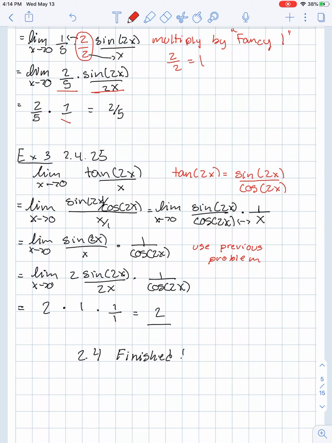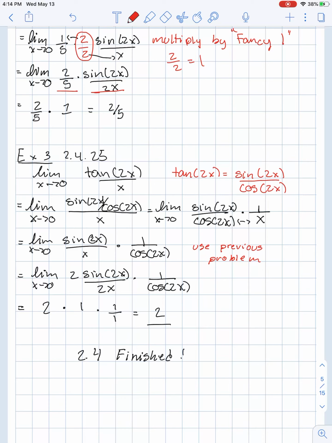We've kind of mentioned this earlier in the lecture already. Tangent of 2x is equal to sine of 2x divided by cosine of 2x. Tangent is sine divided by cosine. So then I can plug that into my limit. I'll get sine of 2x divided by cosine of 2x, all over x.